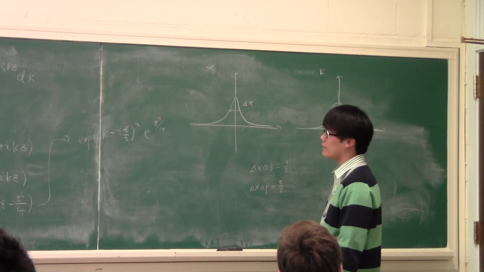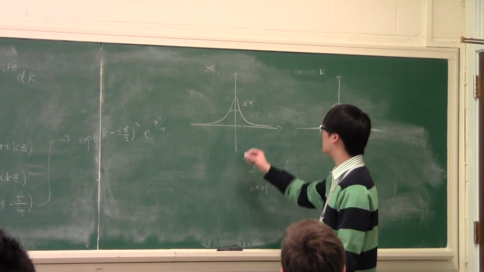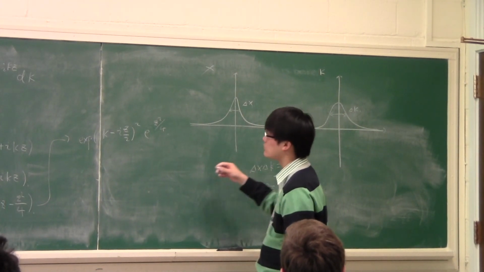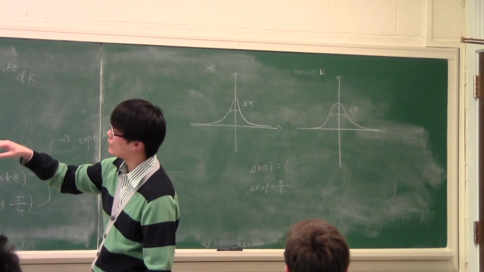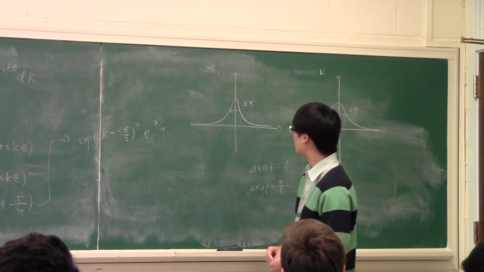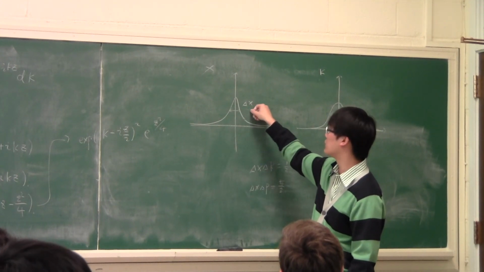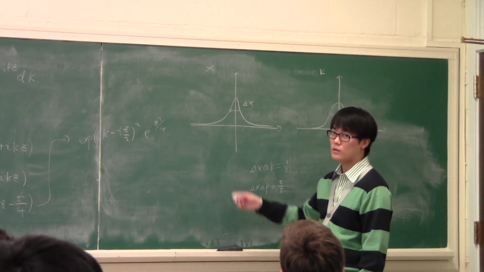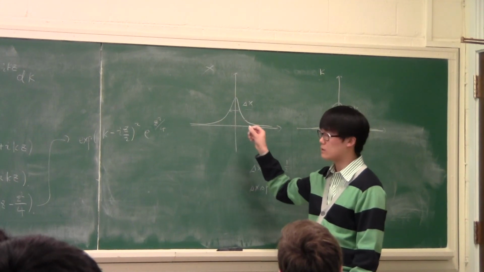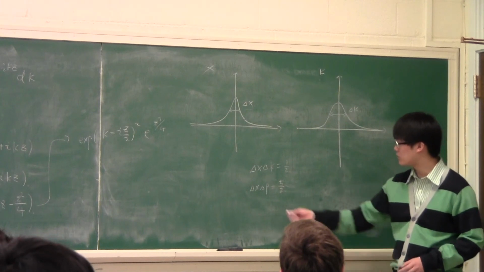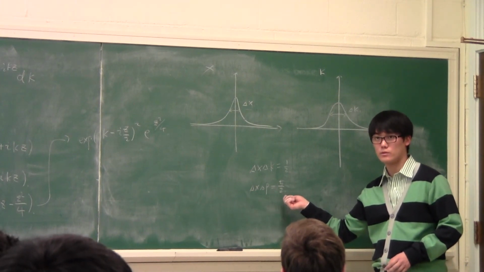So it says that when I sum up different waves with different momentum, I get a wave packet localized to within delta x. So a localized wave packet to within delta x is going to have an uncertainty in the momentum of delta p, and delta x, delta p is h bar over 2.